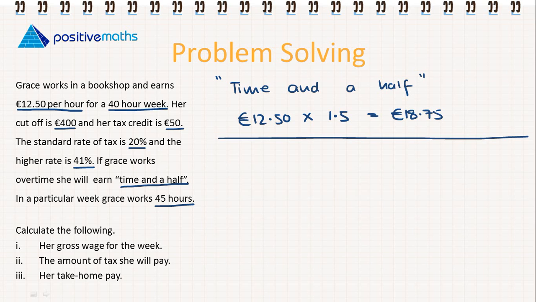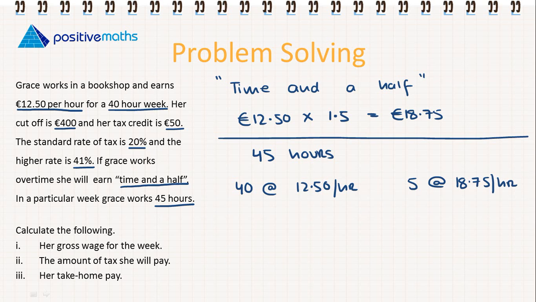So now let's calculate her total gross wage for the week. She works 45 hours. This is going to be divided into 40 of her normal hours, so 40 hours at €12.50 per hour, and then 5 hours at €18.75 per hour.